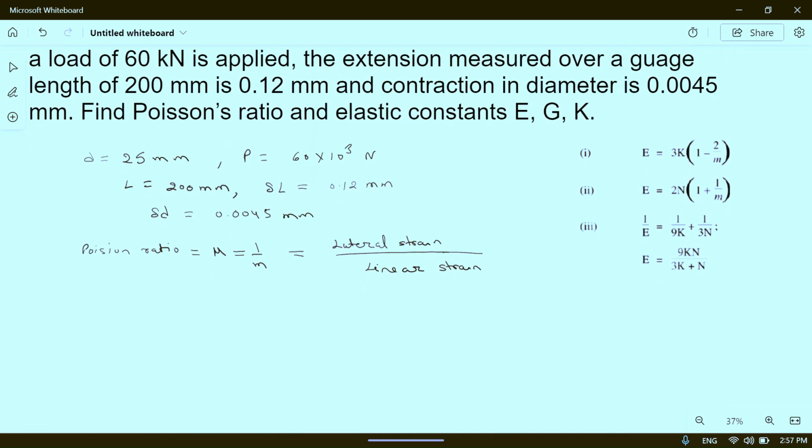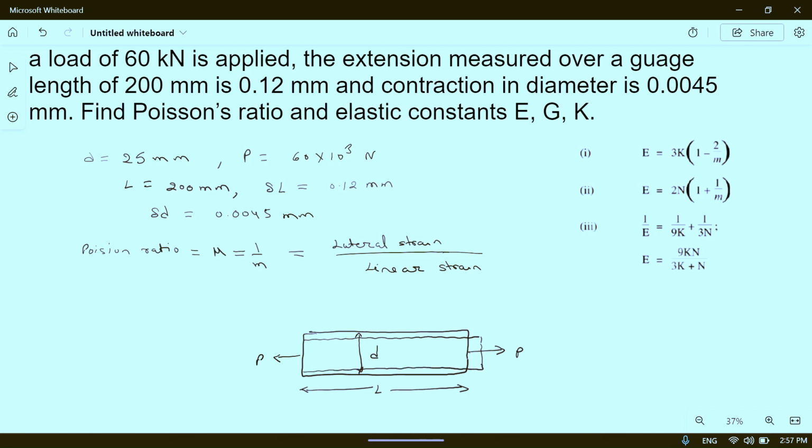So what do we mean by lateral strain and linear strain? Suppose this was the bar we are talking about, which has diameter D and length L. When we apply the tensile load P, the bar will get deformed a little bit and become a little longer, and the diameter will get reduced.